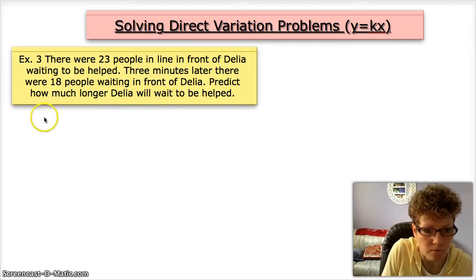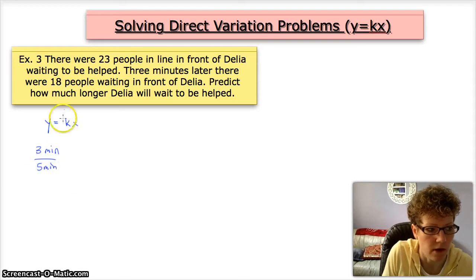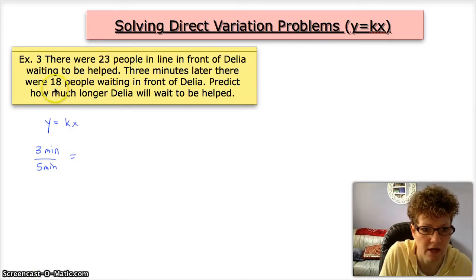So again, this is going to be proportional. So you're looking for the constant, the proportion. We know that it was 3 minutes, so we can use a rate to help us figure this out, because it dropped from 23 to 18 in 3 minutes.